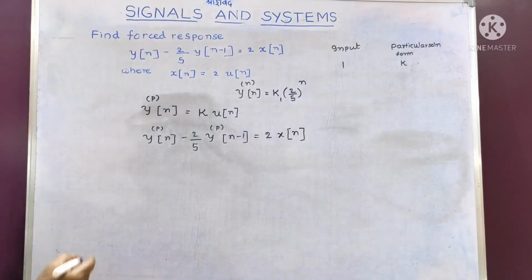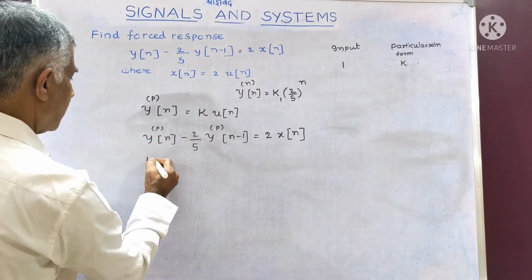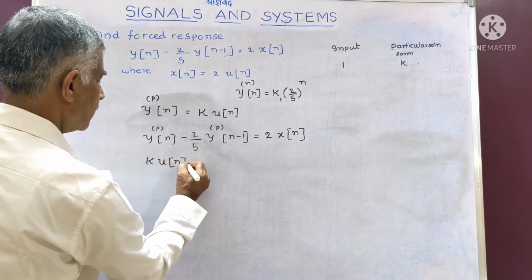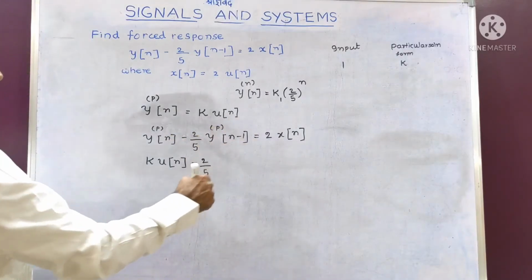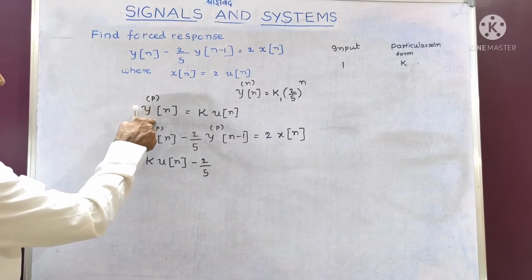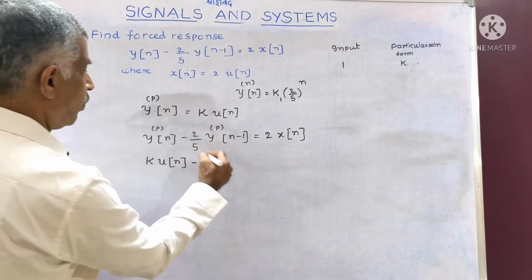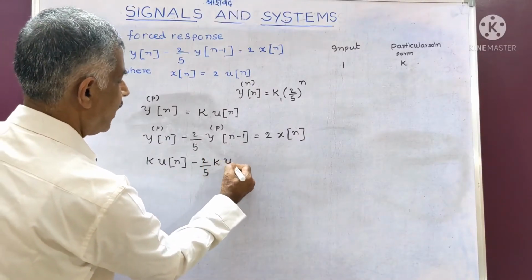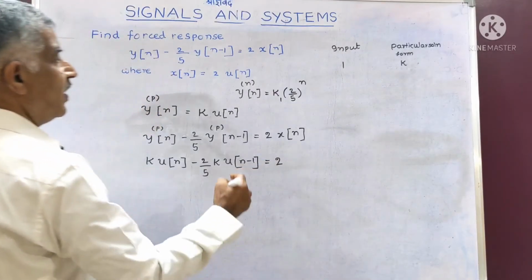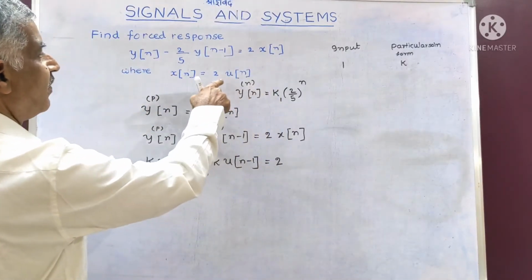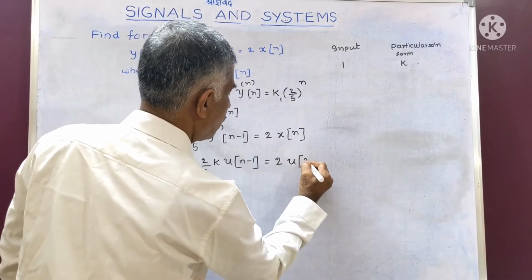Yp of n is k u of n. Take yp of n shifted by 1 unit, because n minus 1 means shifting by 1 unit. Therefore, k u of n minus 2 by 5 k u of n minus 1 equal to 2 u of n.